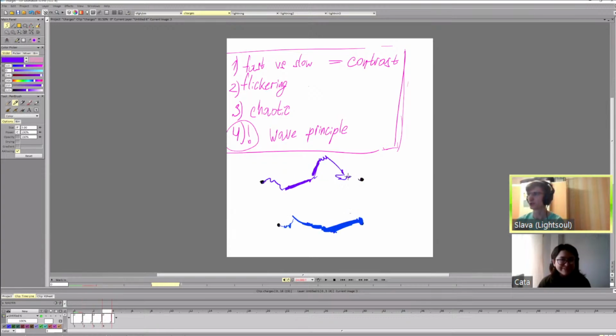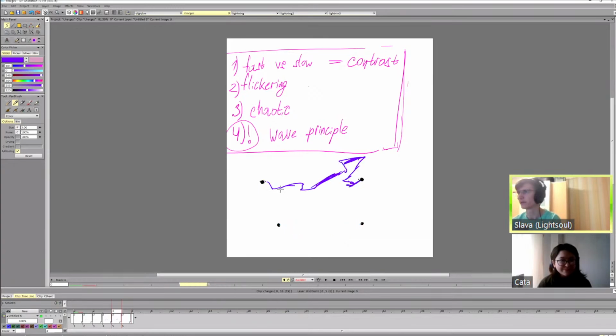And it is pretty chaotic and it's still moving to the right. And then I wanted to reach this point and be relatively fast for this frame. And then I wanted to slow down and we move a bit less. We have some contrast in terms of speed.